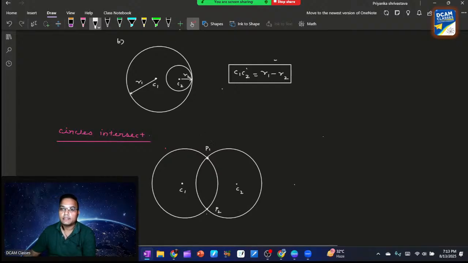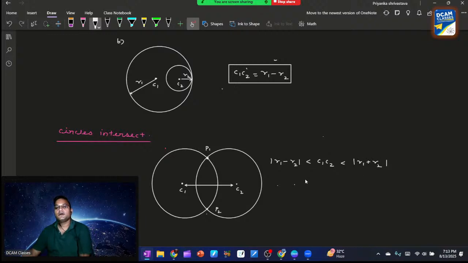In that case, if you see this distance C1C2, this will lie between modulus of R1 minus R2 and R1 plus R2. Because they are intersecting, this distance will always be less than R1 plus R2. Okay, na? But it will be greater than R1 minus R2.